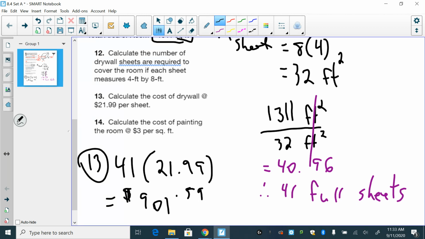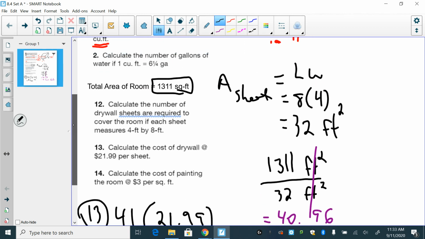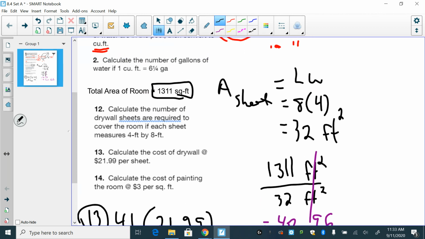So now it talks about painting the room. So you've put the drywall up, great, and then you'd actually have to mud and tape it, and once that's all done, you go to painting it. All right. Well, the paint says it's $3 per square foot, and I gave you how many square feet you're going to paint. That's how much wall space you're going to paint.